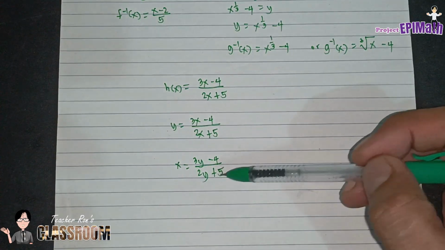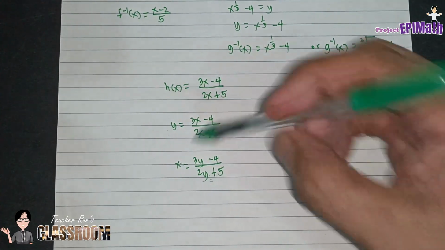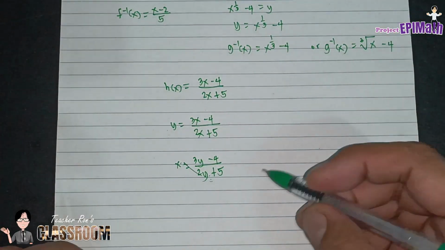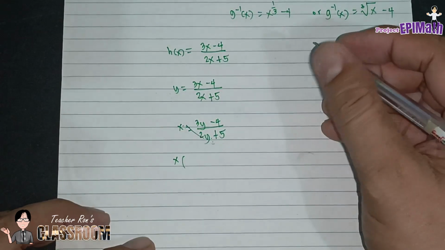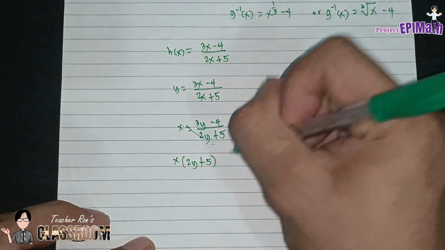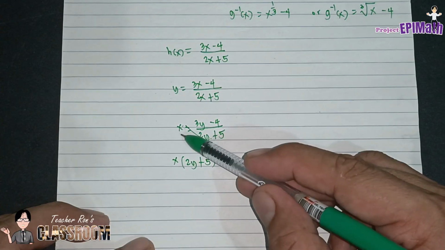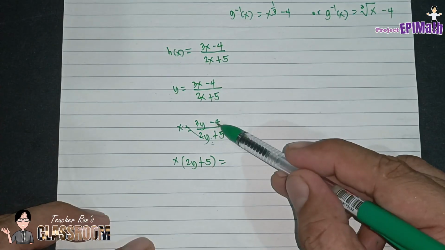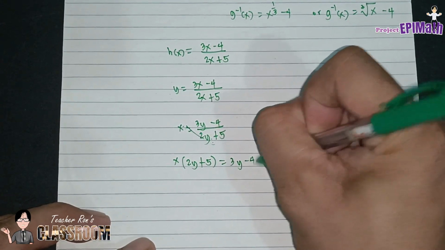So let us do the cross multiplication. So multiply these two. Okay. Yeah. So we have x times 2y plus 5 equals, so since the denominator of x is just 1, so we will just write 3y minus 4 on the other side. 3y minus 4.